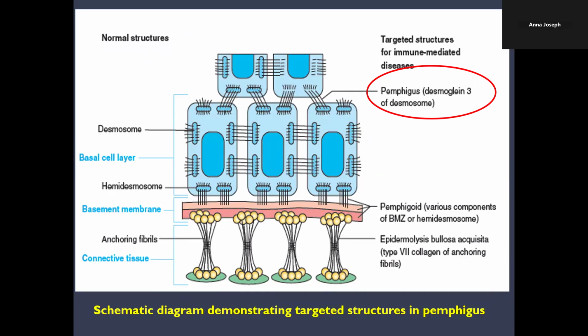And hence, the point of attack is usually sparing the basal layer of cells and involves cells which are seen above the basement membrane. The main component attacked in pemphigus is desmoglein 3, while we also have desmoglein 1, which is attacked in certain variants of pemphigus.